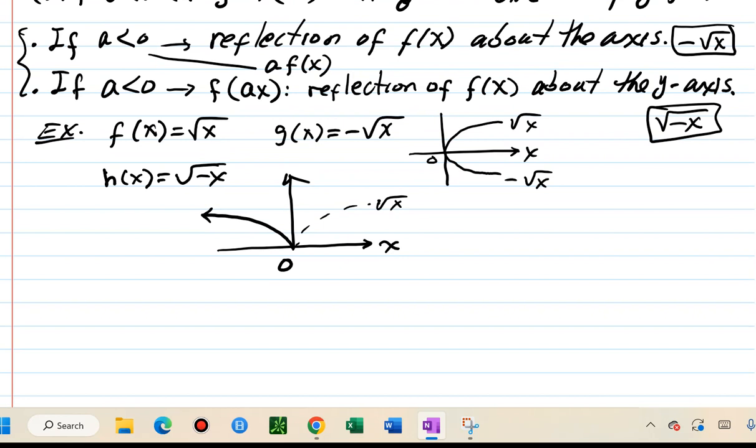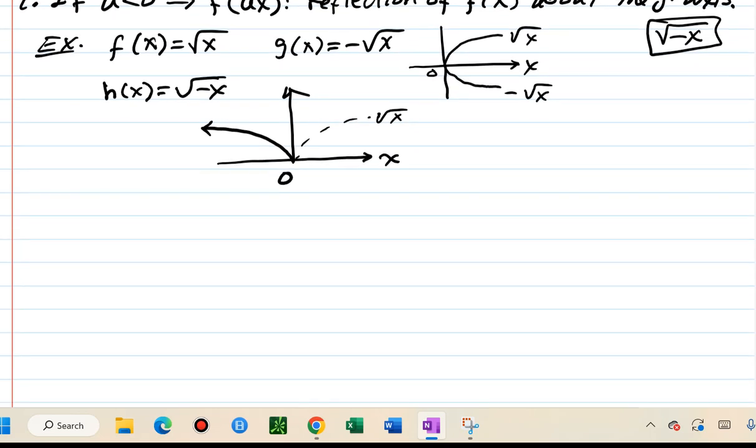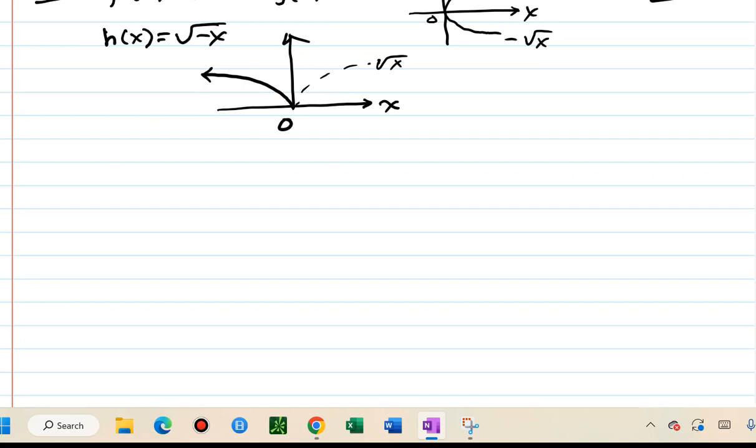Now that we've talked about these, let's look at other transformations. Okay, so we're looking at now transformations.